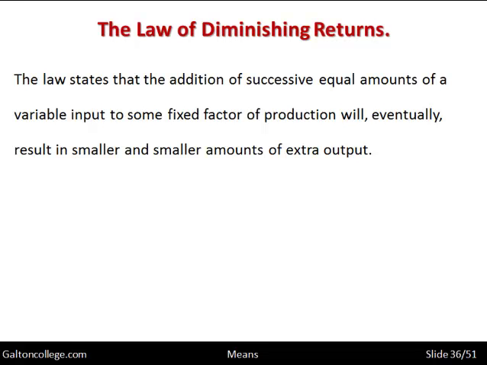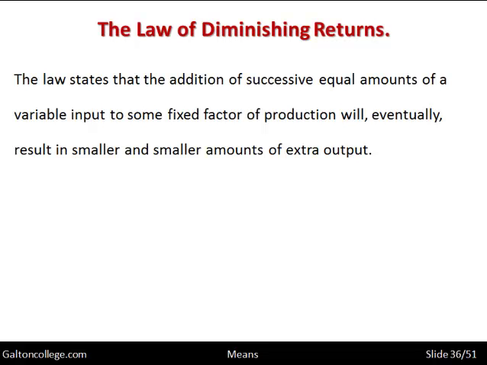And eventually, if we continue to add workers, some workers will just be standing around, waiting, in which case they're not producing anything. Now, I know that sounds like a silly example, but that's the basis of the law of diminishing returns. The law of diminishing returns says that as we add variable factors, let's say we add workers to a production process, variable factors, as we add them, output will increase.